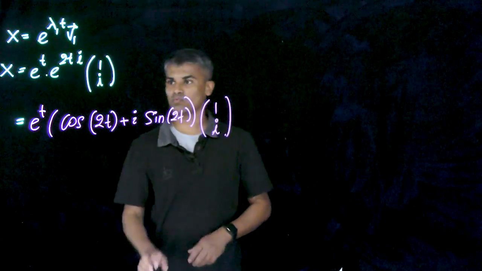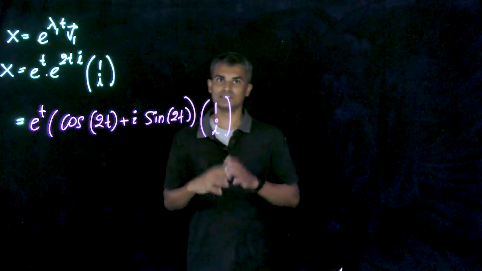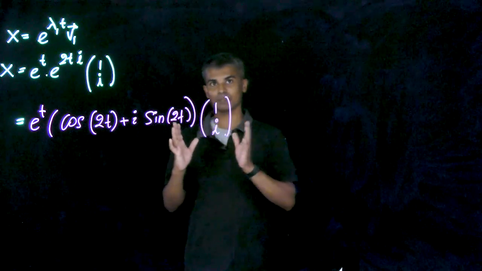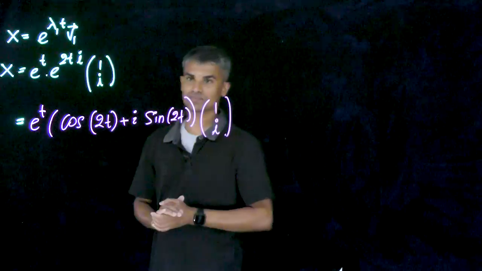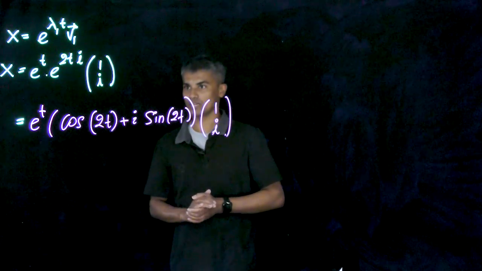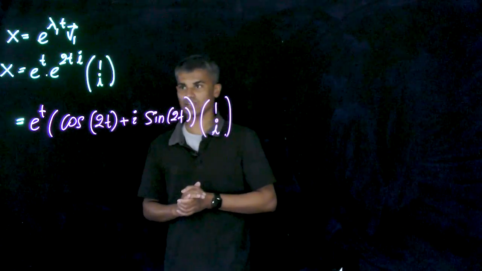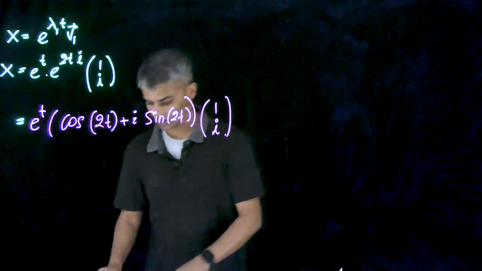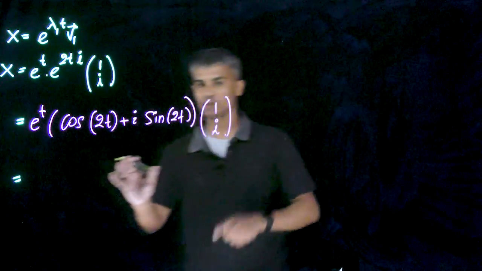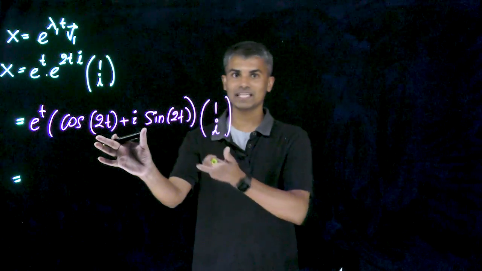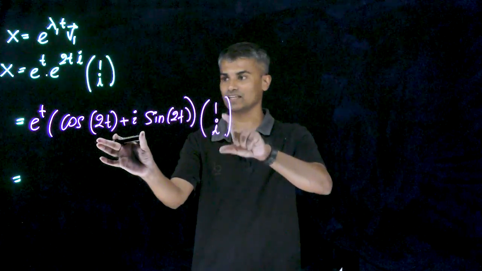And why did we do that? Because as you know, we want to separate the real part and the complex part of this solution. Okay, so let's do that. Now if you simplify this side, you will get, okay, I am going to multiply, basically this is a scalar function and this is a vector.